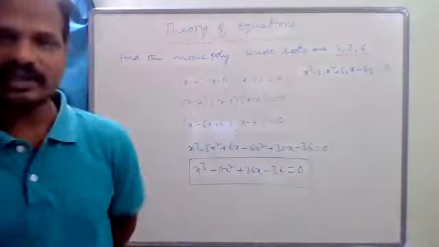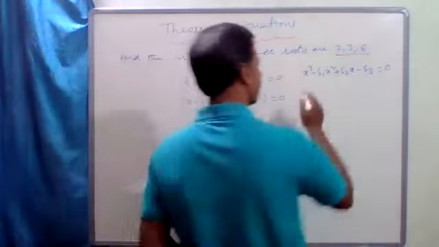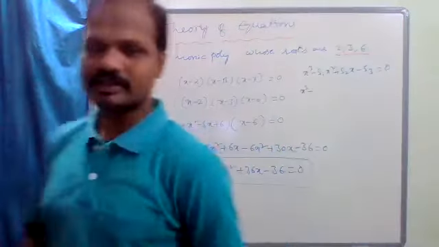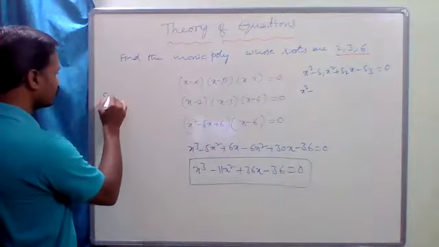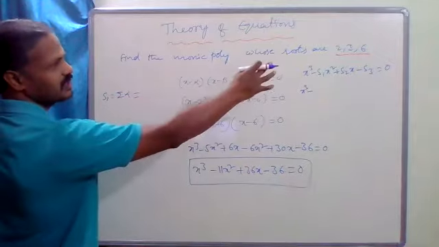This is the relation between the coefficients and the roots. So x cube minus, what is s1? s1 equals sigma alpha, which equals 2 plus 3 plus 6.